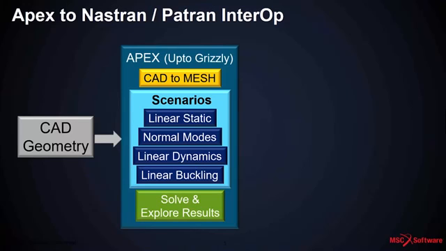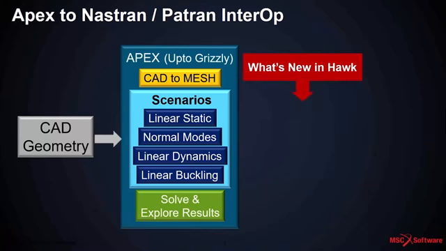Today, what you can do in Apex is CAD to mesh and setting up the scenarios for conducting the linear static analysis, normal modes, and linear dynamics, in particular the frequency response analysis, and linear buckling. All these simulations are supported with the integrated solver inside Apex, and also you can explore the results within Apex.